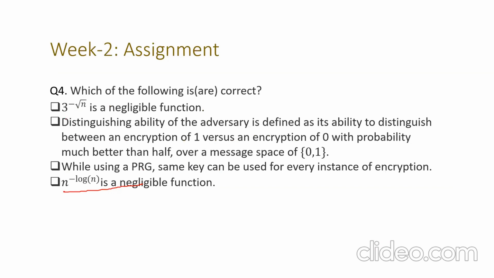Coming to the other two options, the second statement says that the distinguishing ability of the adversary is defined as its ability to distinguish between an encryption of 1 versus an encryption of 0 with probability much greater than half over a message space of 0, 1. So is this a correct statement? Quick answer on the chat, I would expect. When we say that the adversary is able to distinguish an encryption of 1 from an encryption of 0, what does it mean?